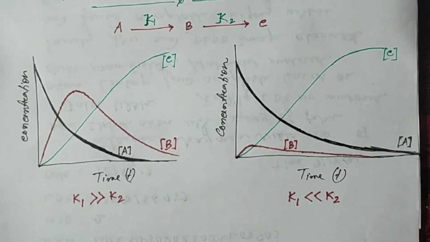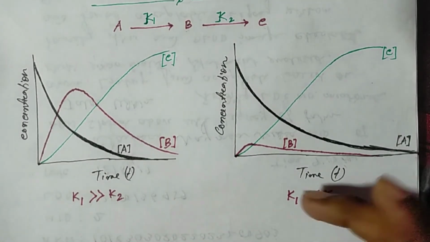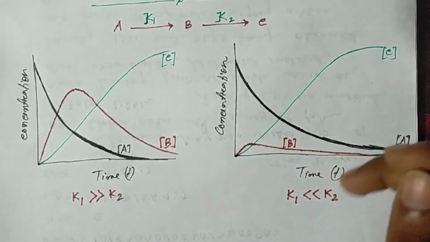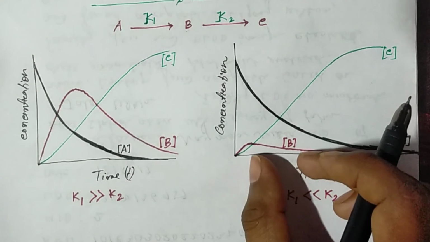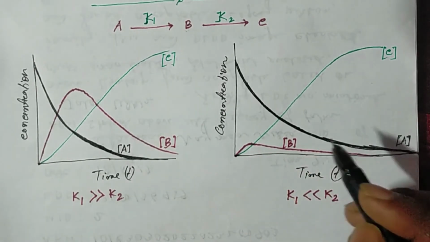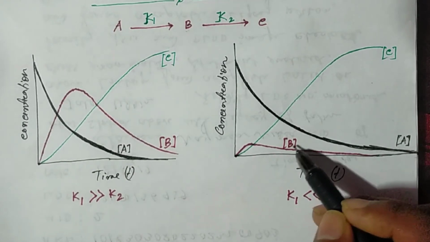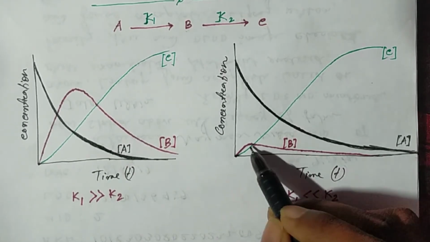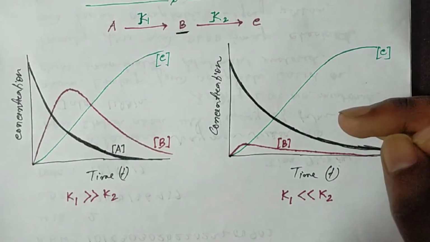Okay. Next, if we discuss the steady state approximation, you can see it in this condition. For a period of time, after reaching a maximum peak for B, the variation of concentration of the intermediate is almost zero.